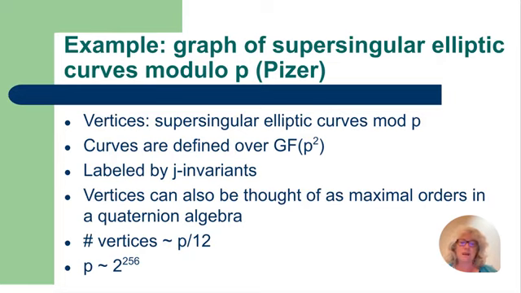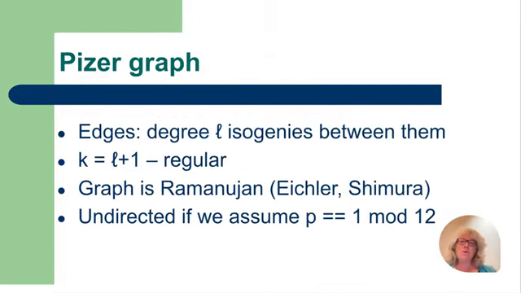Isogenies are birational maps from one elliptic curve to the next, so they can connect the nodes in the graph. They have the property that the degree of the isogeny is the size of the kernel, in the separable case.